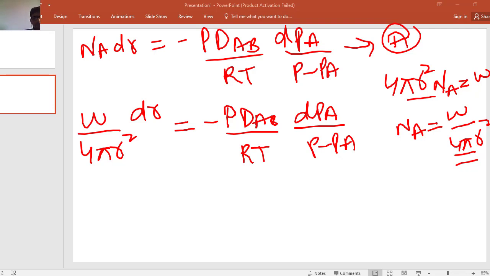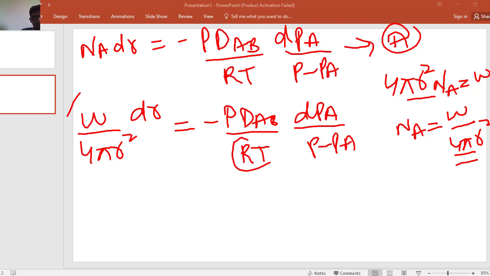Now we know that the pressure of the water molecule changes with the r direction. W is constant, 4 pi is constant, the total pressure P and DAB are constant, and R and T are also constant.